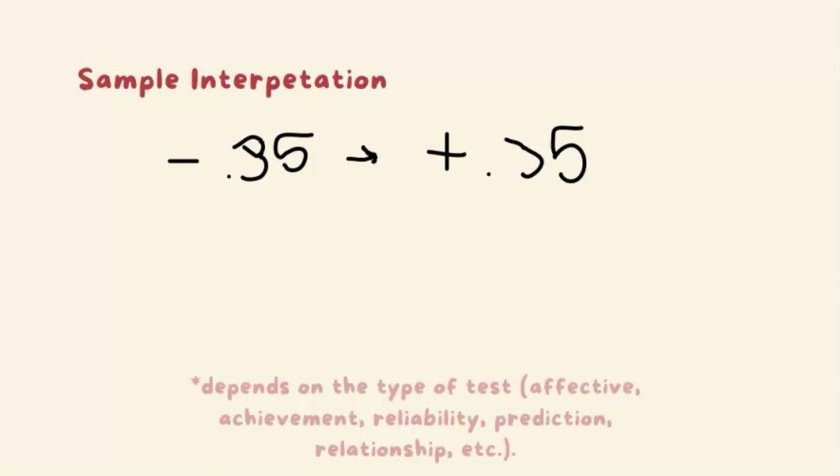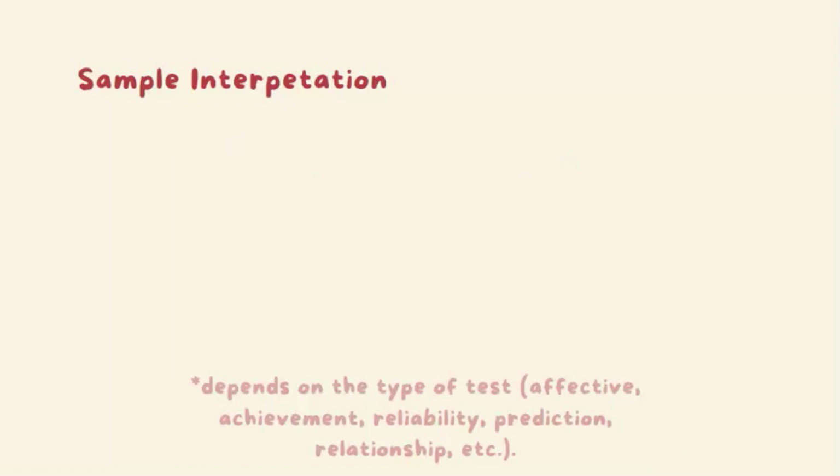And then from negative 0.35 to negative 1, we would have a strong negative relationship, and then a positive relationship for 0.35 to positive 1. But this was only a sample interpretation because, as I said down here, it depends on the type of test that we're taking. So if we're looking at an effective test, an achievement test, and then going on reliability, or if we're making the prediction or looking at a relationship, these sample interpretations could be different.